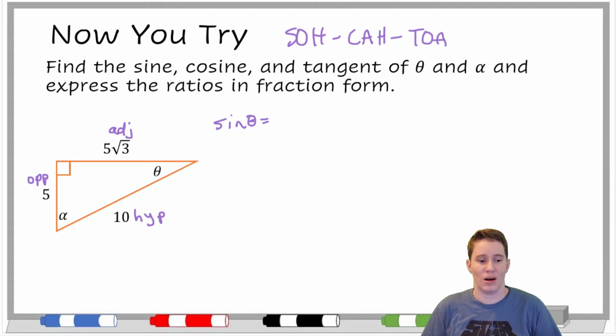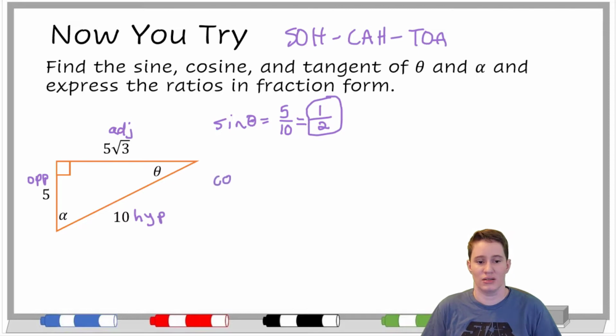And so our opposite side 5 and our hypotenuse 10 go together, 5 over 10, and we simplify that. We always simplify our fractions to the smallest numbers possible, just out of the kindness of our hearts. It's still right that it's 5 over 10, but it's more right to say that it's 1/2. So our answer here is 1/2 for sine.